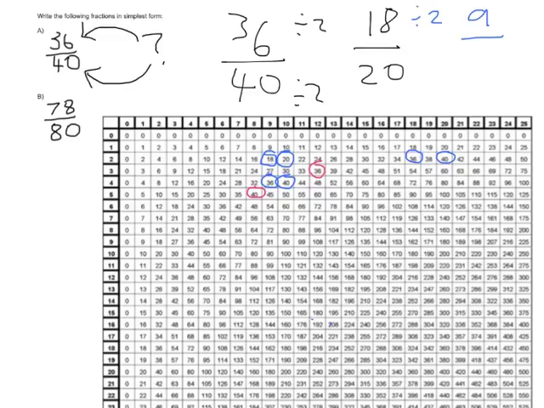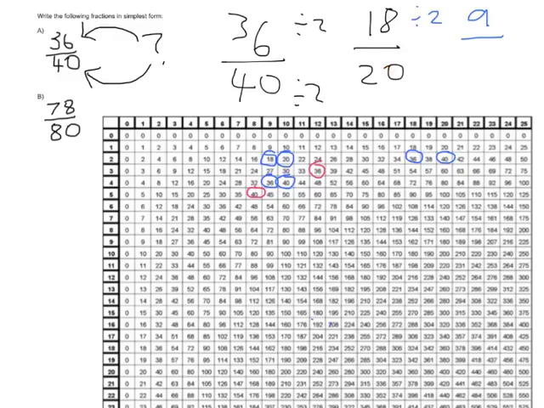equals 9. And I know for a fact that the number 2 will also go into the number 20 because the numerator and the denominator are in the same row of multiples, the multiples of 2. So I know without a doubt the number 2 will go into the number 20.